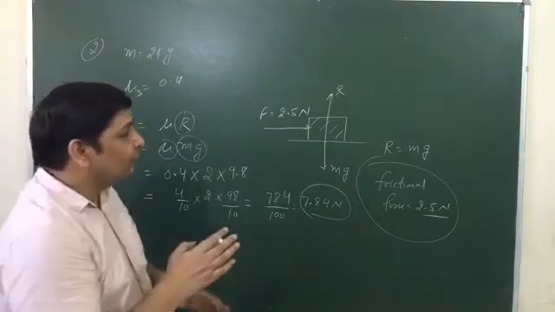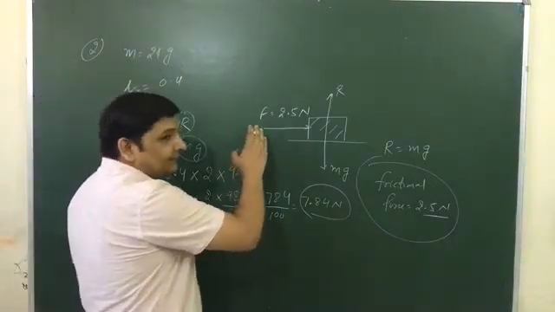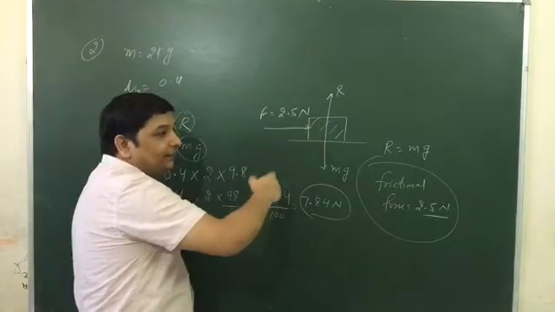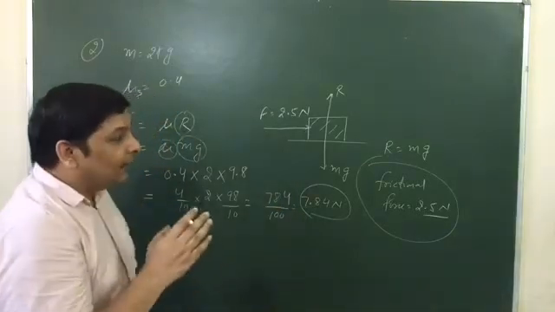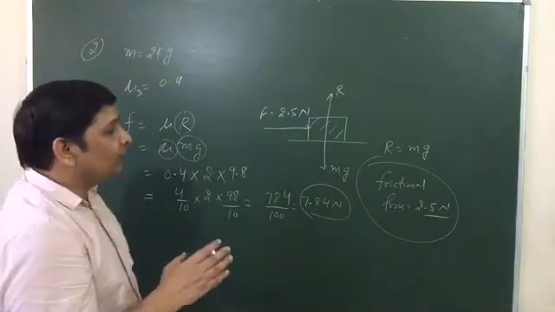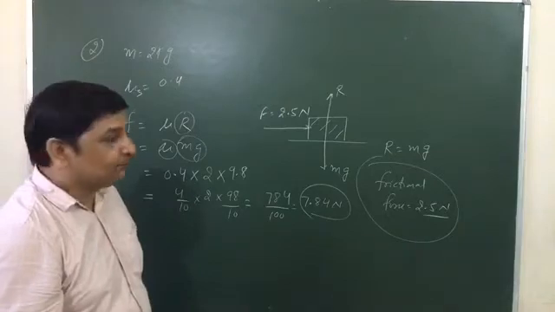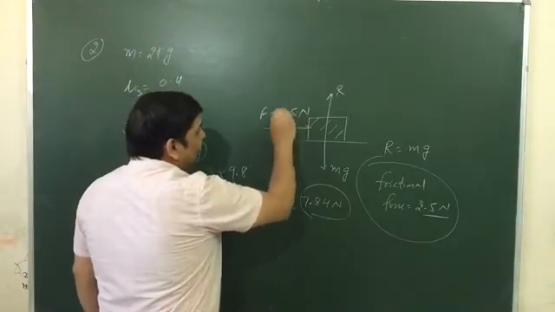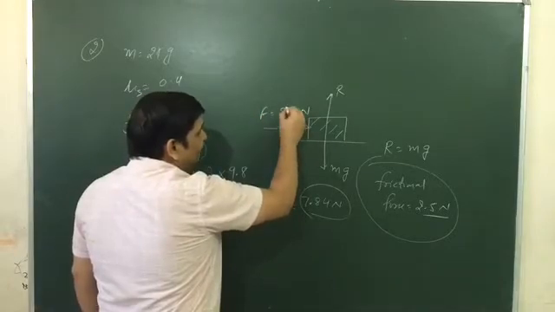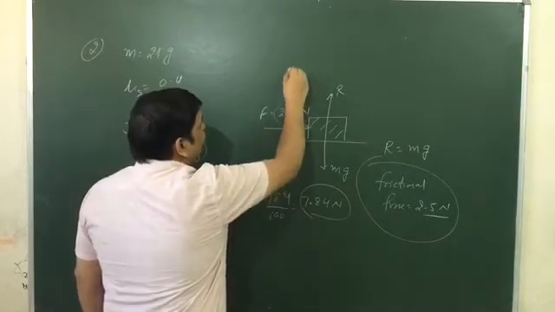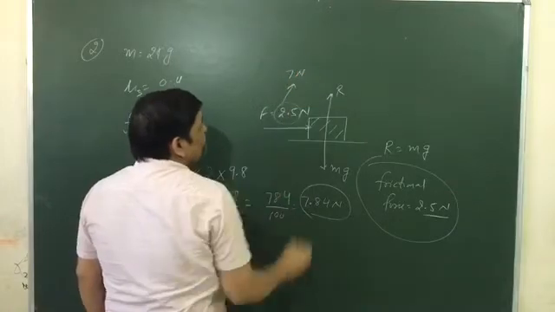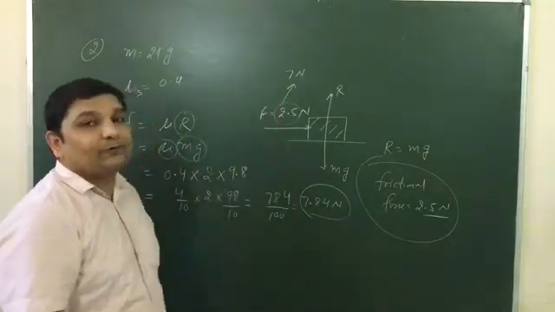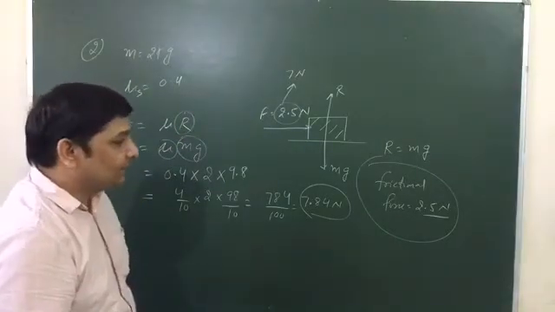If applied force is increased from 2.5 to 4 Newton, in that case frictional force also increases from 2.5 to 4 Newton. If we increase applied force from 2.5 Newton to 7 Newton, then frictional force also increases from 2.5 Newton to 7 Newton.